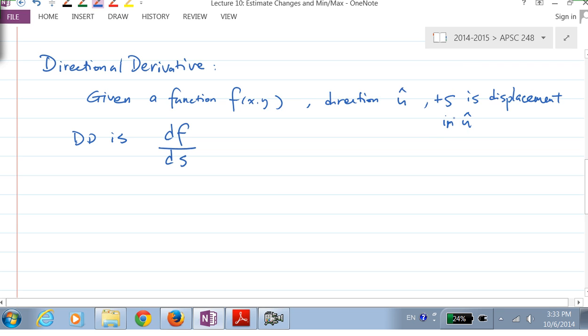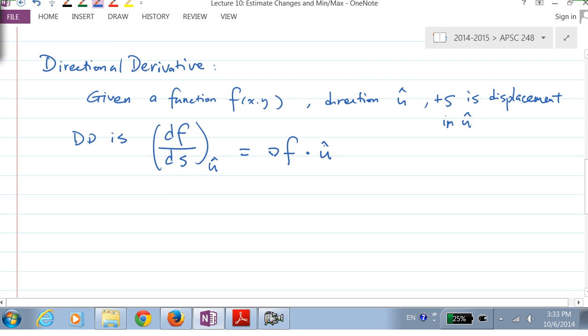Then the directional derivative is basically df over ds in the direction of u hat, and that equals del f dot u hat.